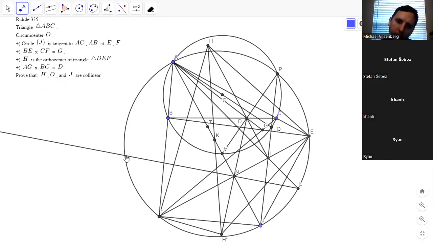So yeah, this should be the reflection of P over AJ. But yeah, that doesn't do much.